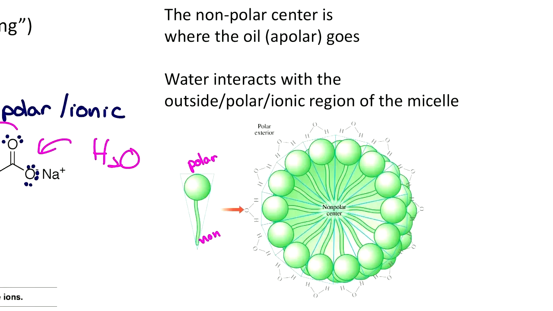And so if you dissolve a little bit of soap in water, you get these tiny little micelles that form that are basically just these soap molecule structures. They're like these spherical things where it's non-polar tails on the inside, polar heads on the outside.